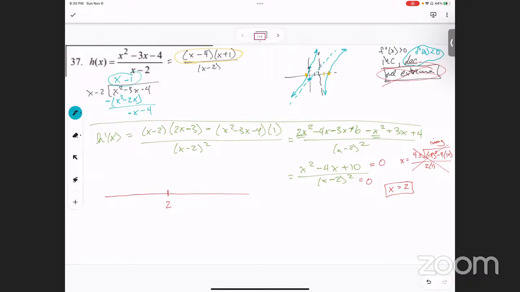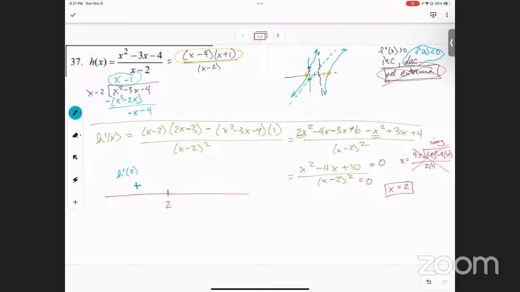So let's plug in a 0. Let's plug in f prime of 0, because that's on the left, right? When I plug in 0 into this equation, that term is gone, so it's 10 on the top and 4 on the bottom. Is it a positive or a negative value? Positive.